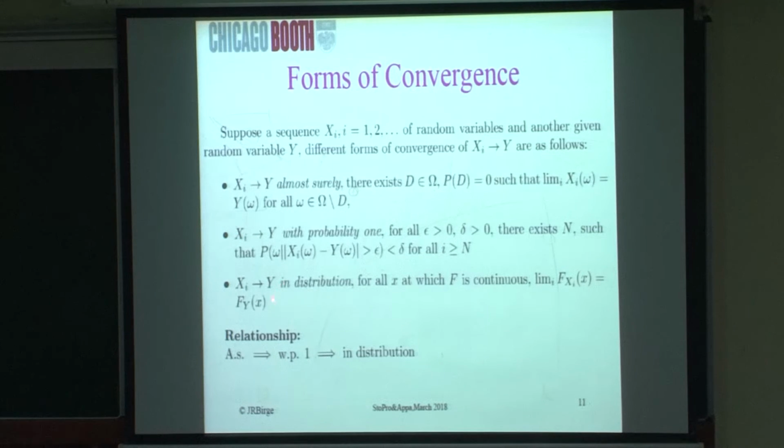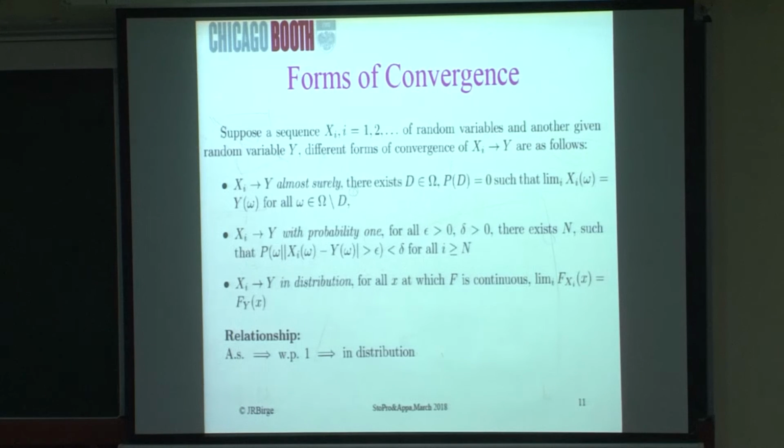So this is not quite as strong. You can show almost sure convergence is going to imply convergence in probability, but it's not necessarily true that this implies the other one. So you don't always have this part, even if you have this part.